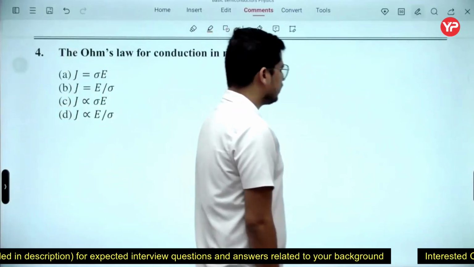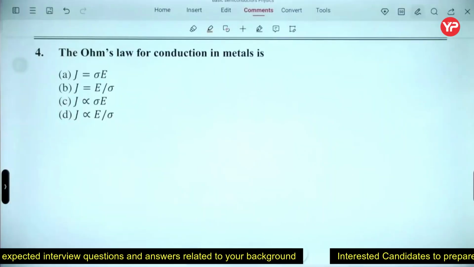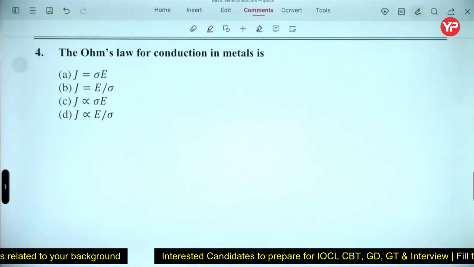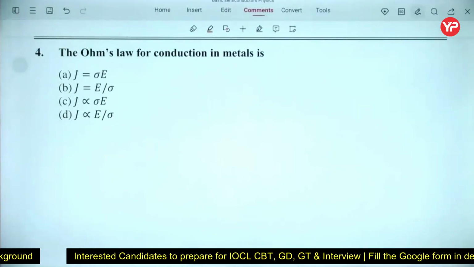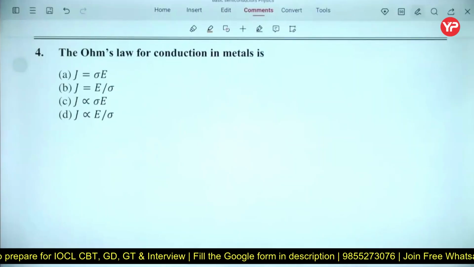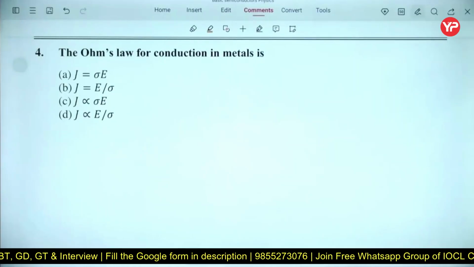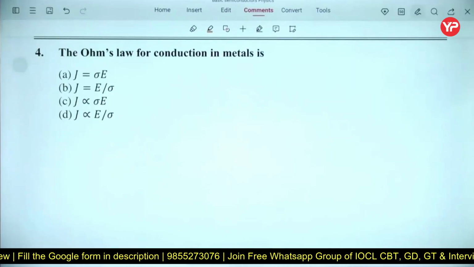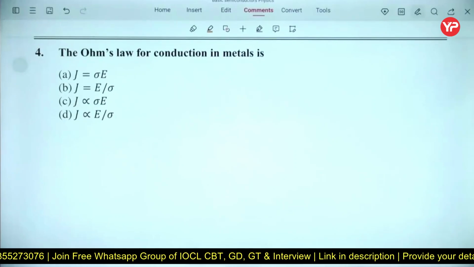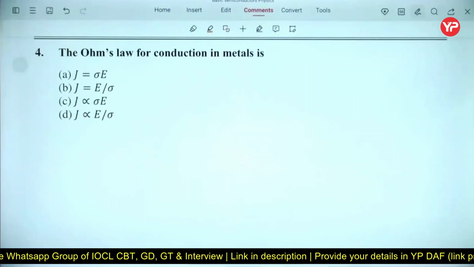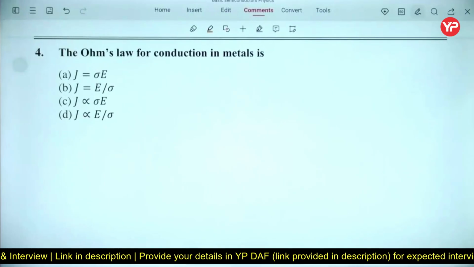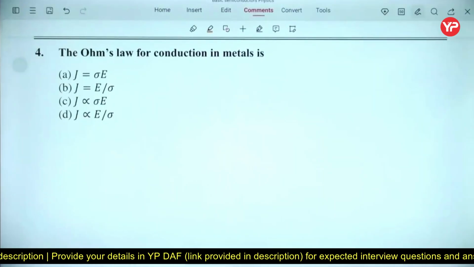What is Ohm's law of conduction in metal? Ohm's law is V directly proportional to I. Good.